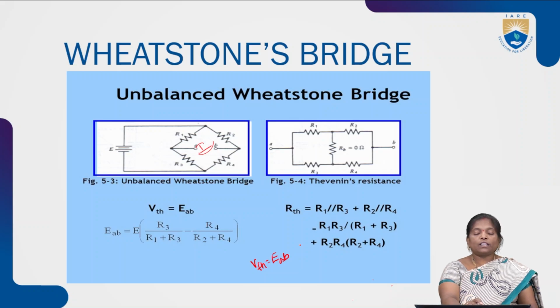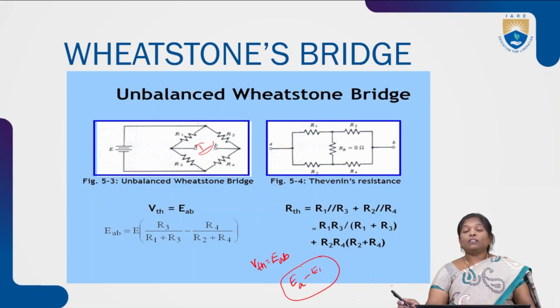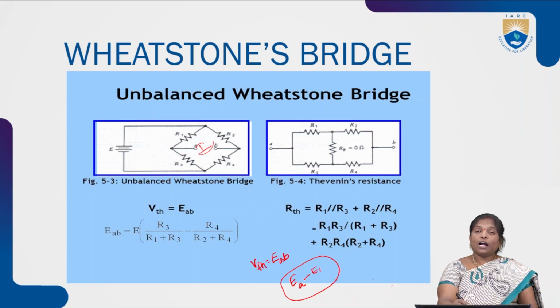The potential EAB can be represented as potential at the point A minus potential at the point B, EA minus EB. So, we measure the voltage at A and at B, and finally Thevenin's voltage is the voltage at A minus the voltage at B.